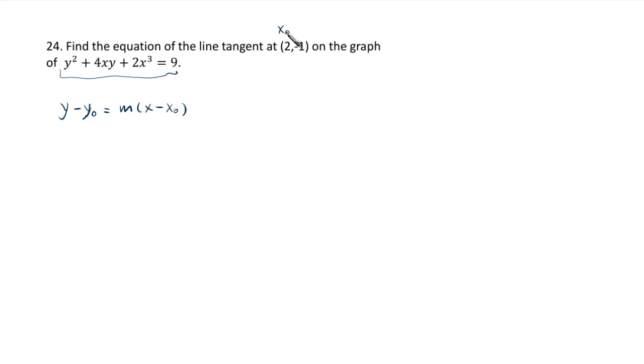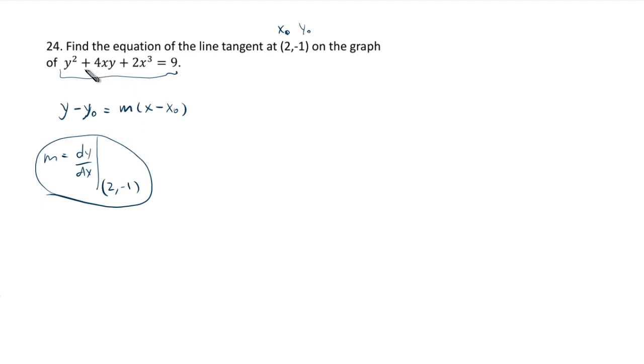X naught is 2, y naught is -1. So you just have to know the slope, but the slope of the tangent line is the derivative. So m would be dy/dx evaluated at 2, -1. That's how you get the slope.